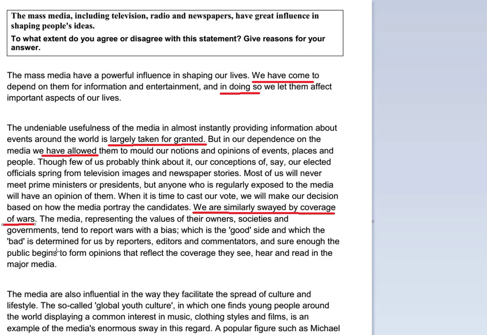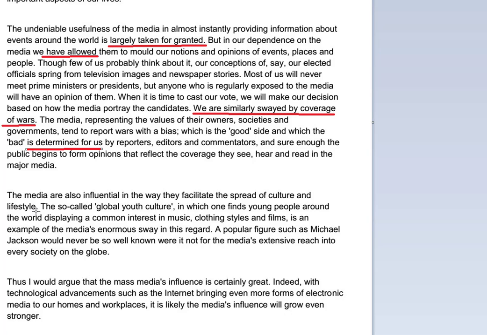Major media. It's determined for us. Okay. Very few errors. Okay, so we have some relative pronouns here. So well known, or if not for. Oh, that's good.